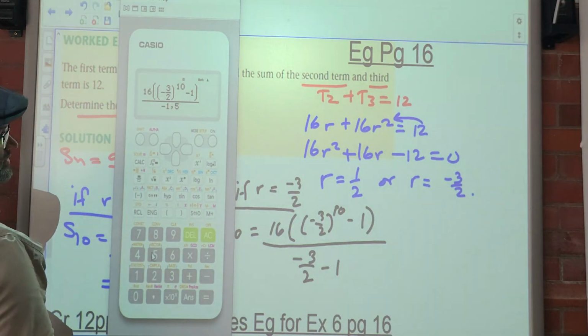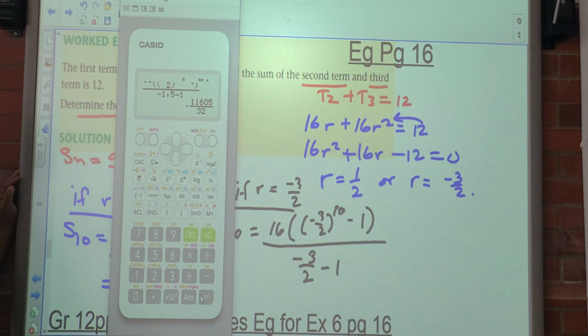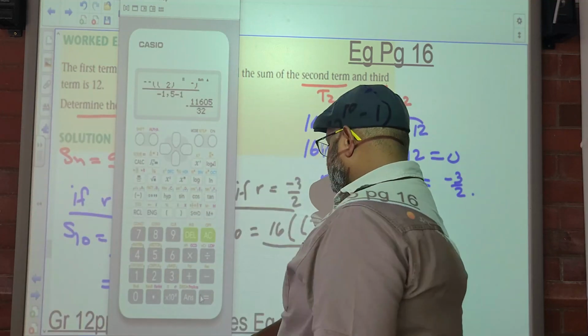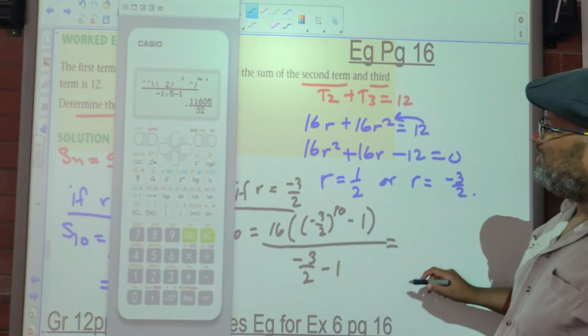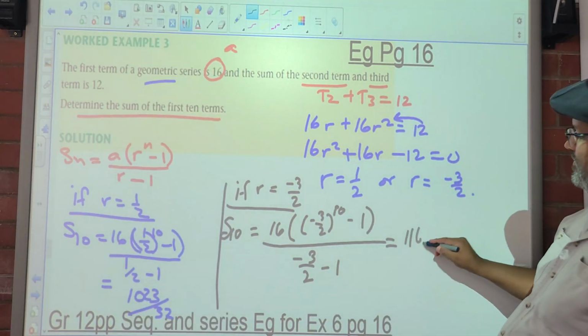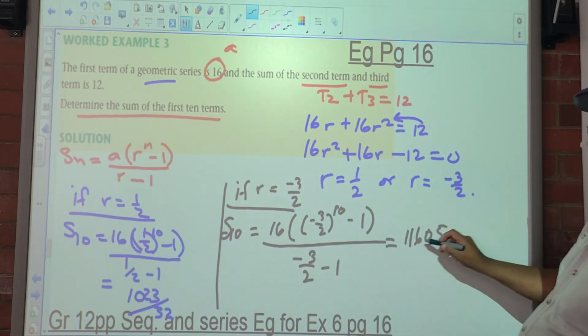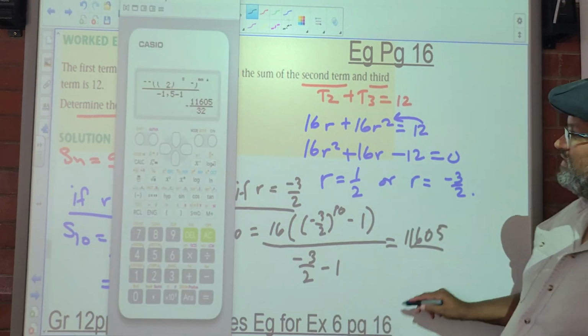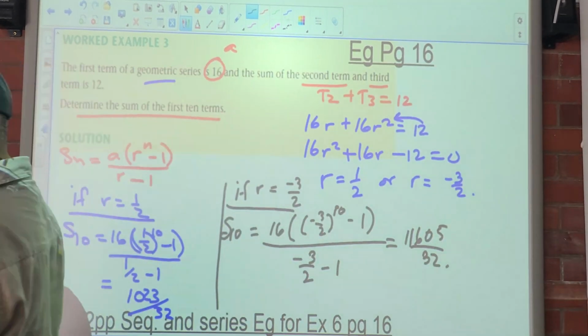Negative 3 over 2 is negative 1.5, minus 1. Gives us 11,605 over 33. You guys understand?